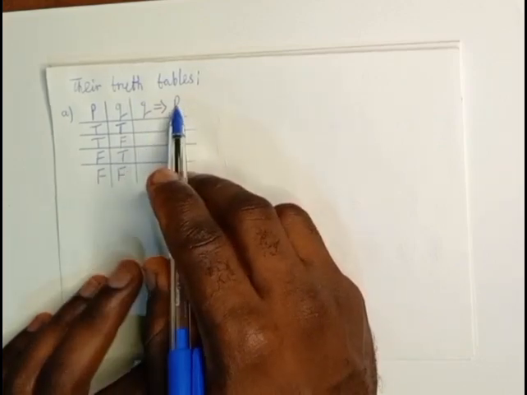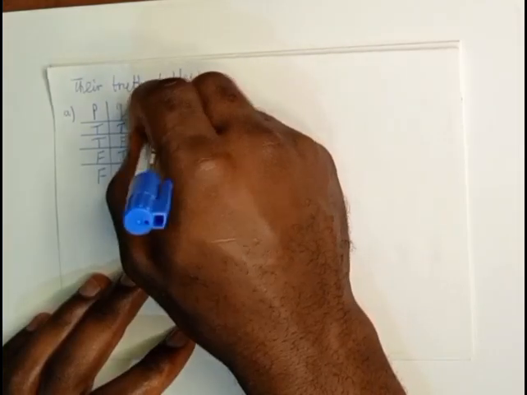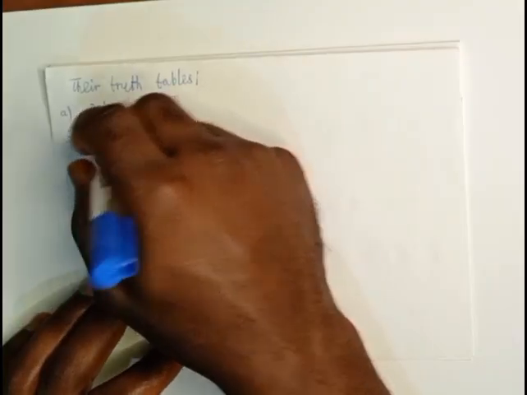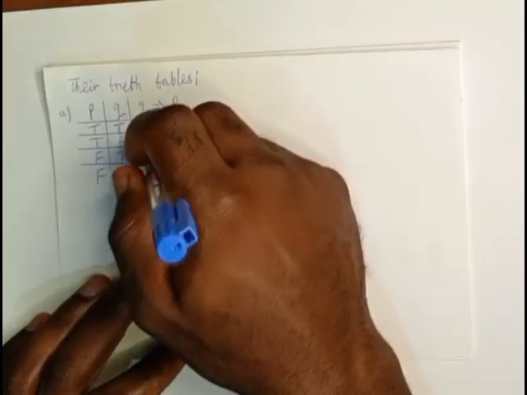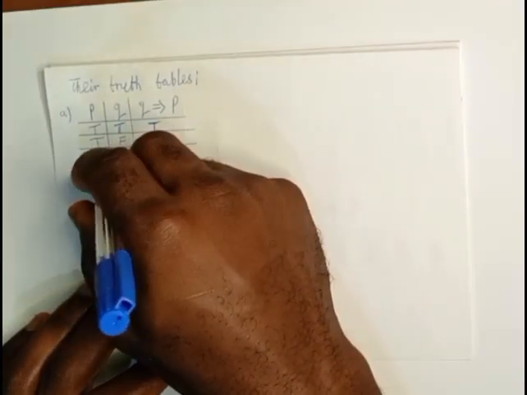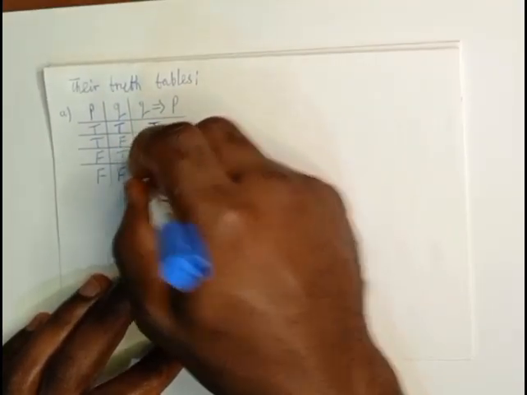Implication, that is Q implying P: true, true is true, false, true is false, true, false is true, false, false is true.